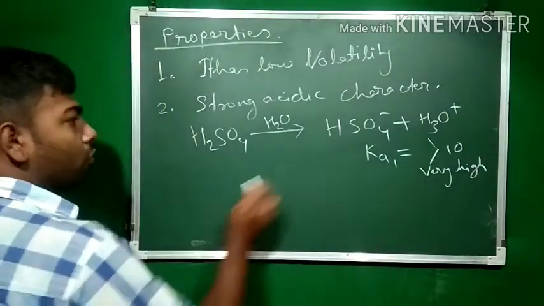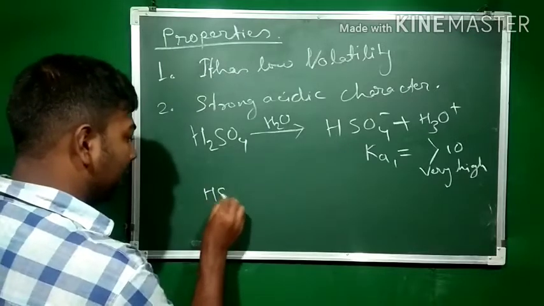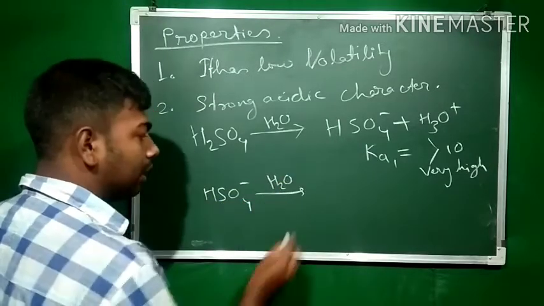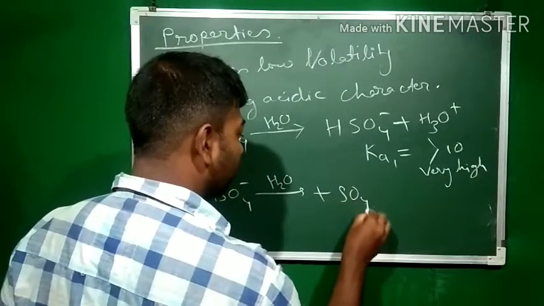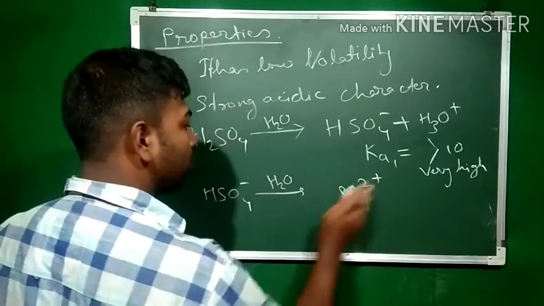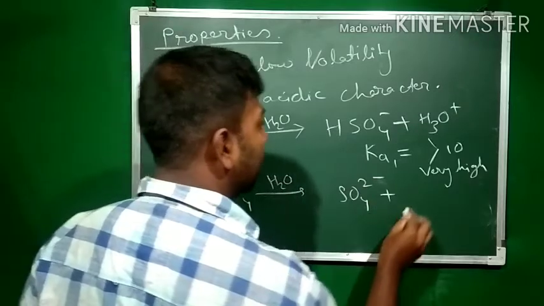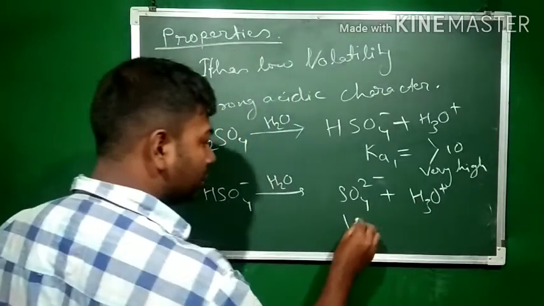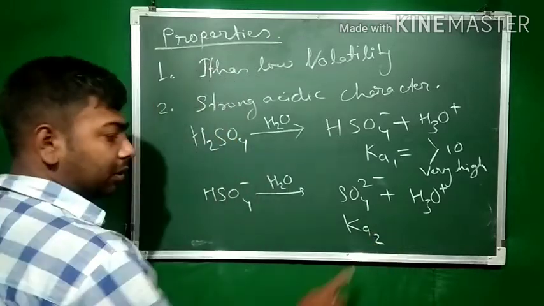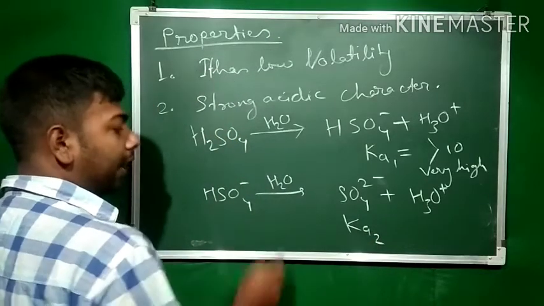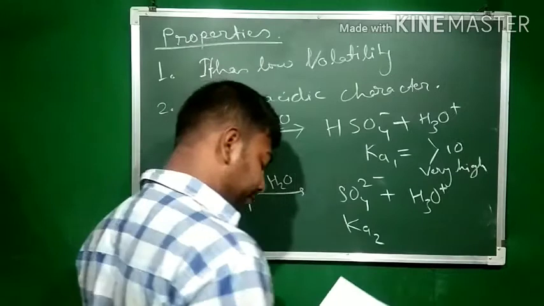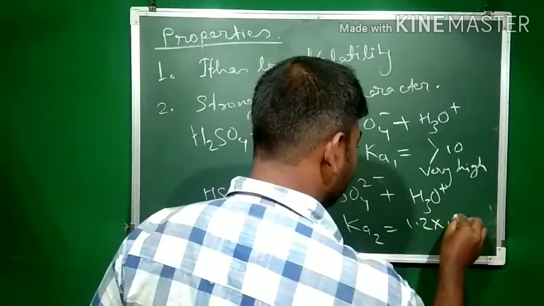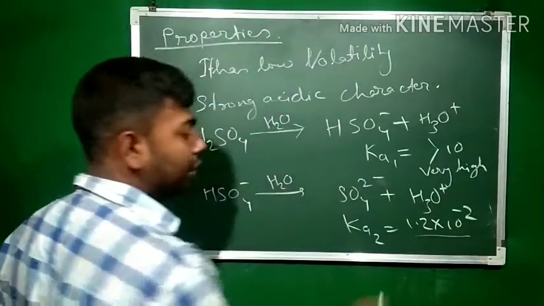Next, when this HSO4 negative is again dissociated with water, it produces SO4 2 minus plus H3O positive. Here the dissociation constant Ka2, this 2 for the second hydrogen, is found to be 1.2 into 10 to the minus 2, which is very low.